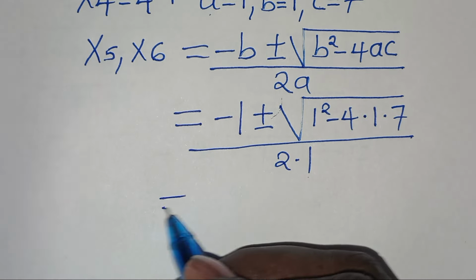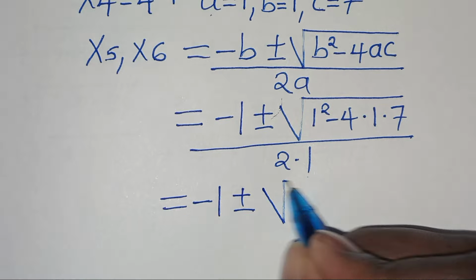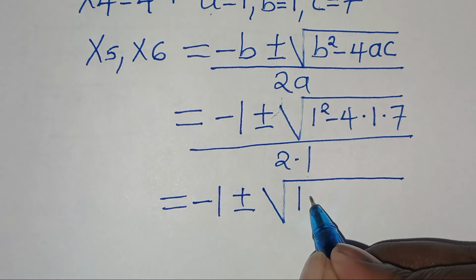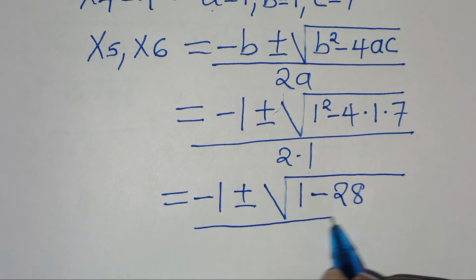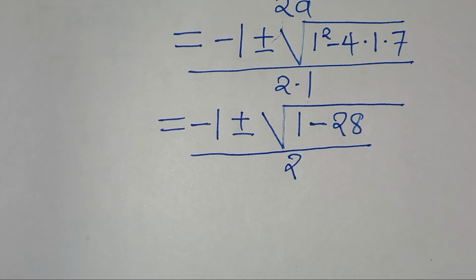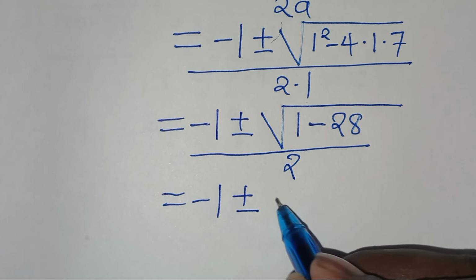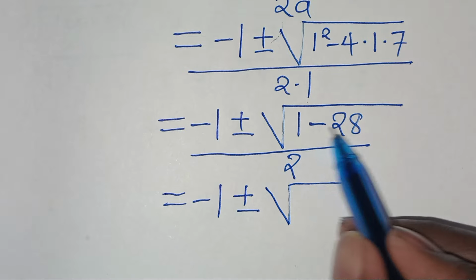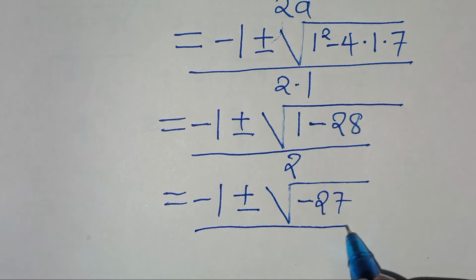So this means that here we have minus 1 plus or minus the square root of 1 squared, which is 1, minus 4 times 7, which is minus 28, everything here divided by 2. So this is minus 1 plus or minus the square root of 1 minus 28, which is minus 27, divided by 2.